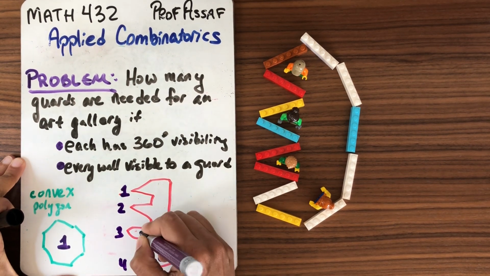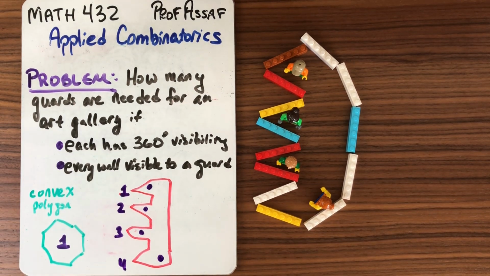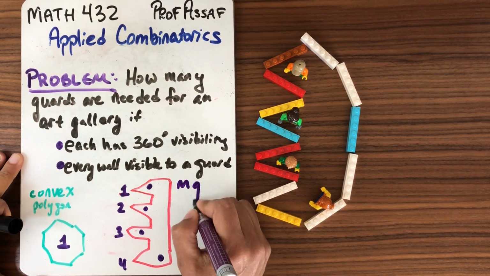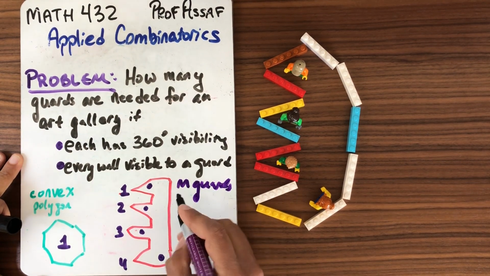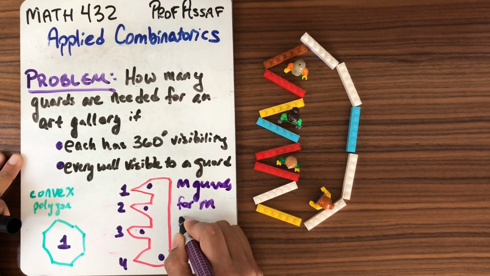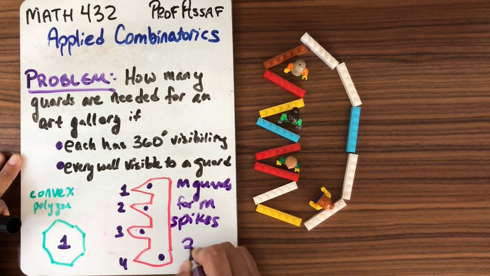And as long as we put one of those guards sort of to look down the hall and not just inside the little spikes, we'll be fine. So in this case, we need M guards for M spikes. And then in this case, we have 3M walls.